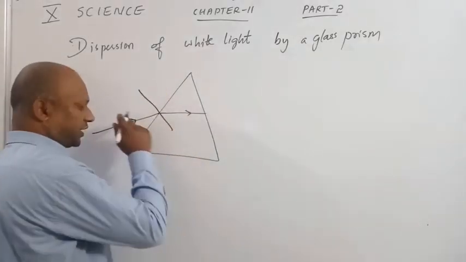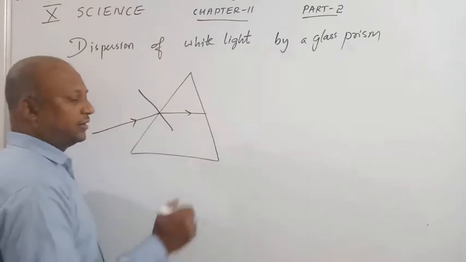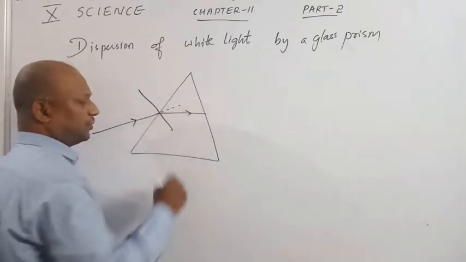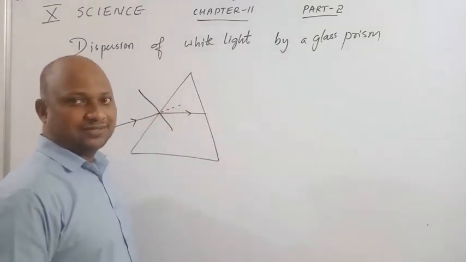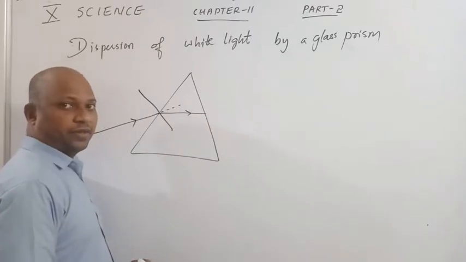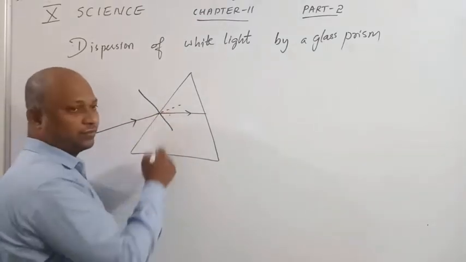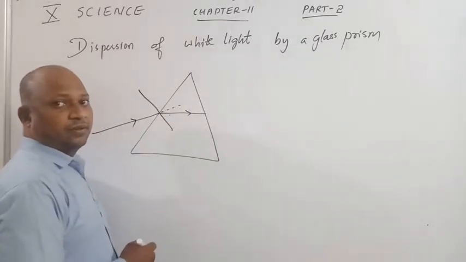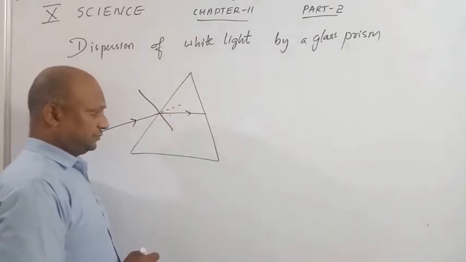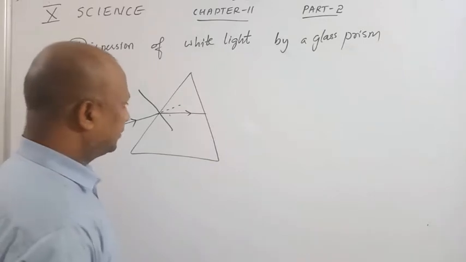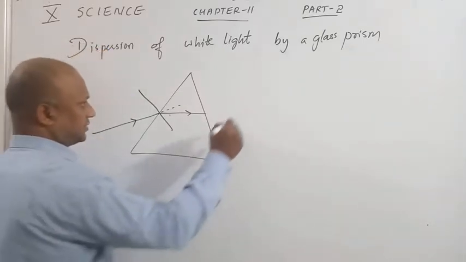Because it is entering from a rarer medium to a denser medium. उसका actual जो ray of incident है या incident path, उसमें से वो थोड़ा सा deviate होता है, bend towards the normal हो जाती है. But when it bends, it splits into 7 colors.